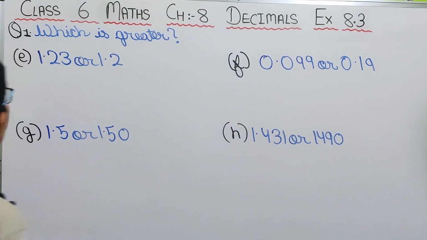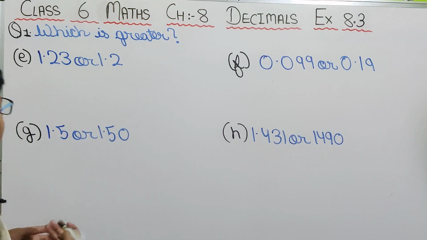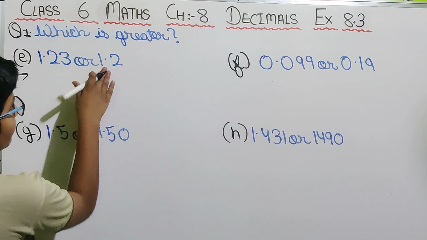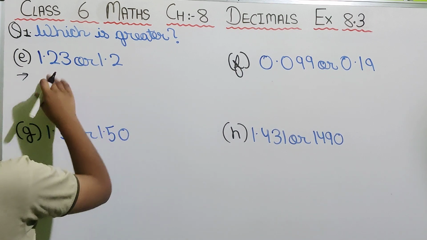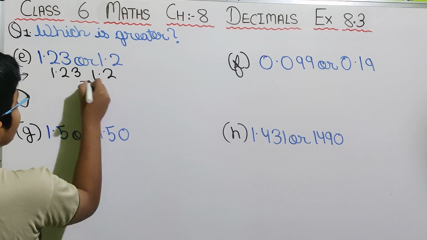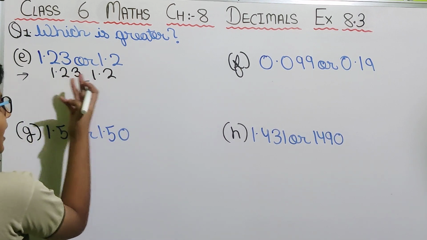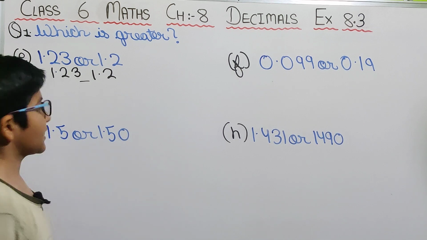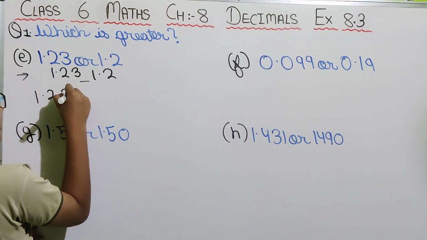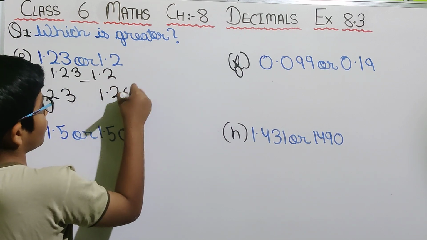So now this is the E part: 1.23 or 1.2. Here 1.23 and 1.2 are given. Here 3 digits are given and here only 2 digits are given. So first we will put one more 0 here: 1.20.